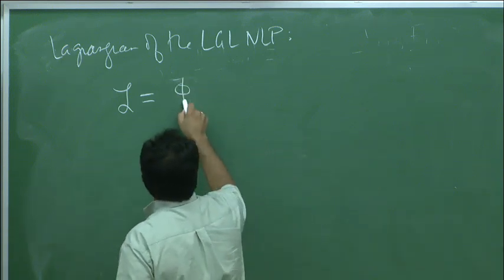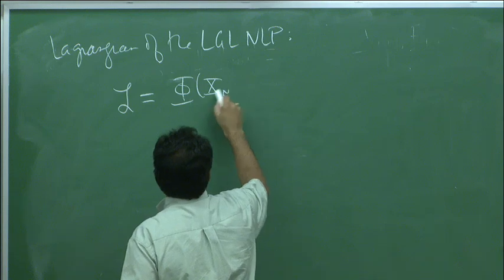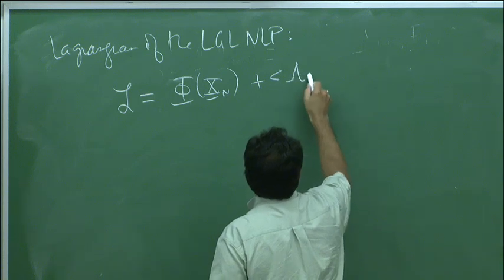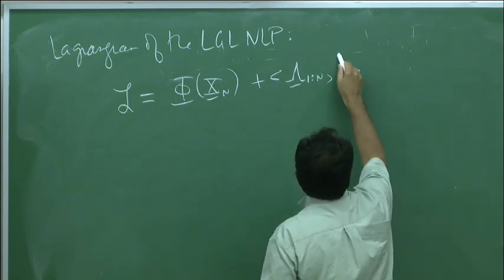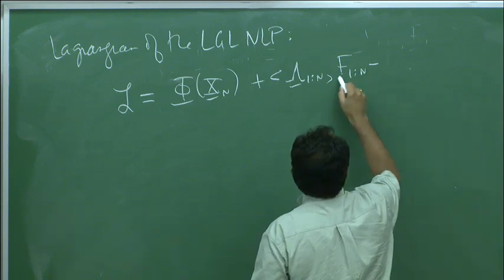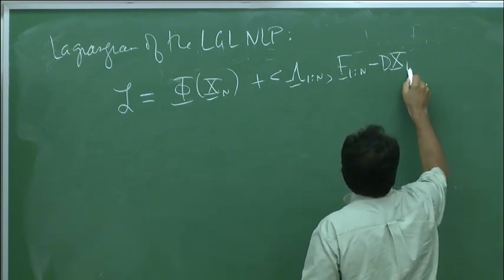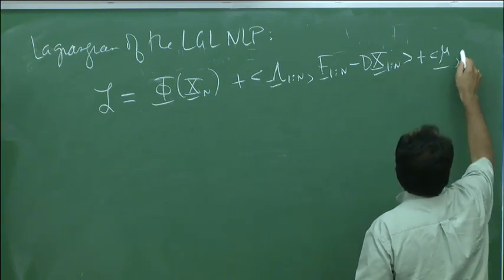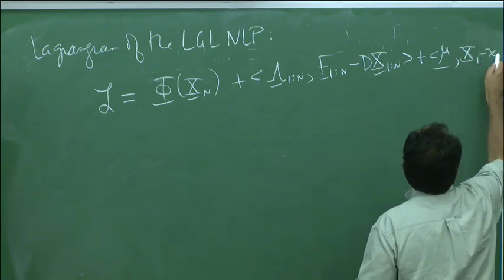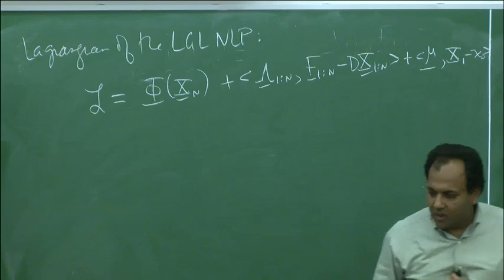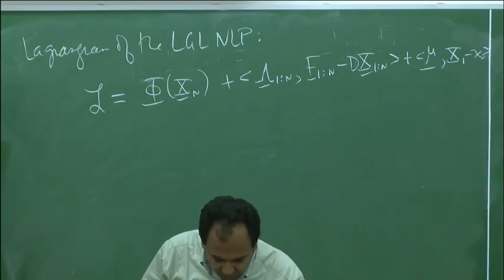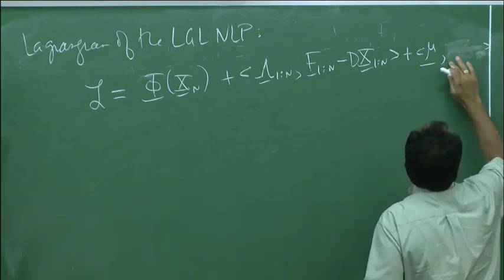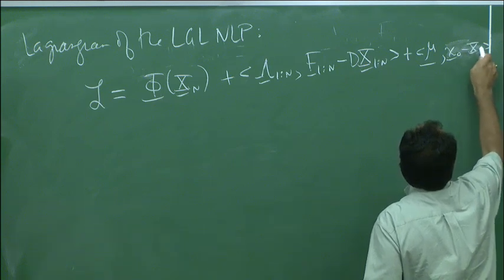We've got the cost function, plus the inner product of these multipliers, lambda 1 through n, with f_{1:n} minus D x_{1:n}. And then plus the inner product of mu with x_1 minus x_0. Okay, so that takes care of all the terms. Actually, sorry, I've got to be consistent with my conventions here. So this is x_0 minus x_1.